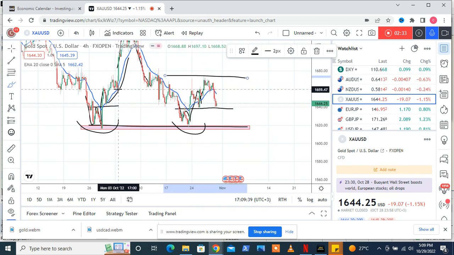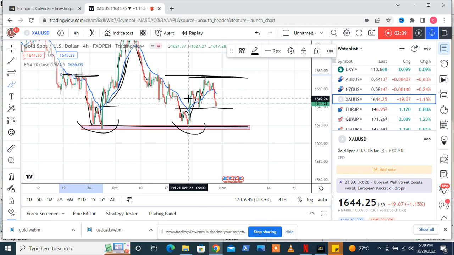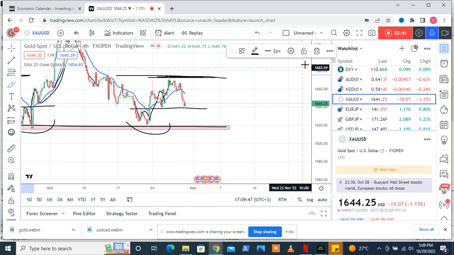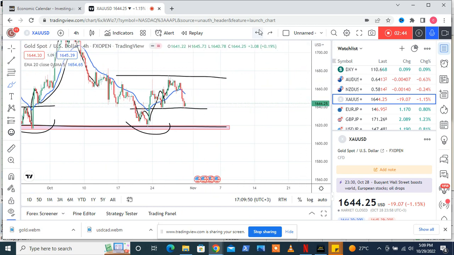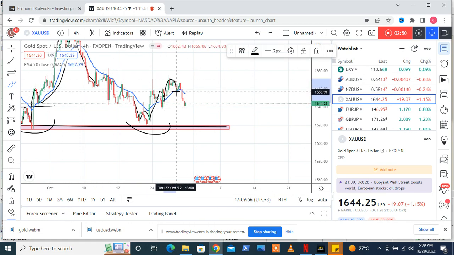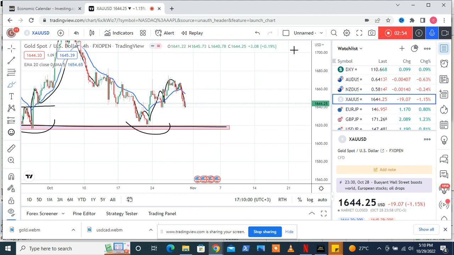Previously it went up, but here it found resistance. Looking left, this was a good resistance. As the market was doing that, it printed an M formation, as you can see here.